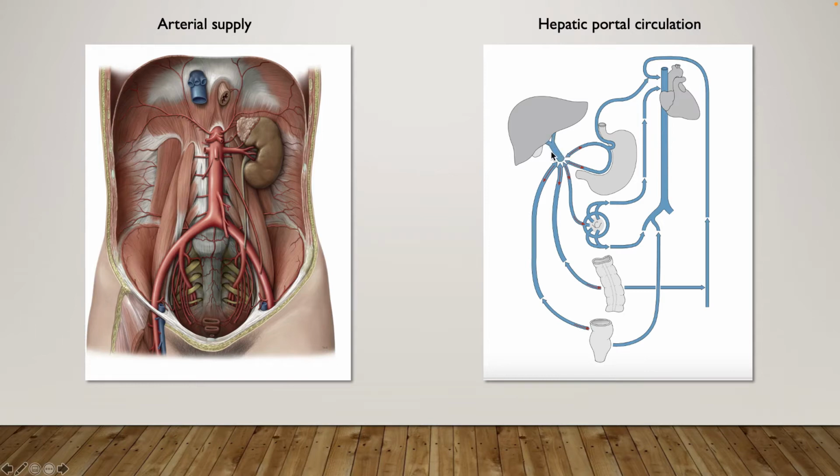And so the hepatic portal vein is really a fusion of primarily your splenic vein as well as your inferior mesenteric vein. When these two join, they form the hepatic portal vein that brings nutrient-rich blood into the liver.